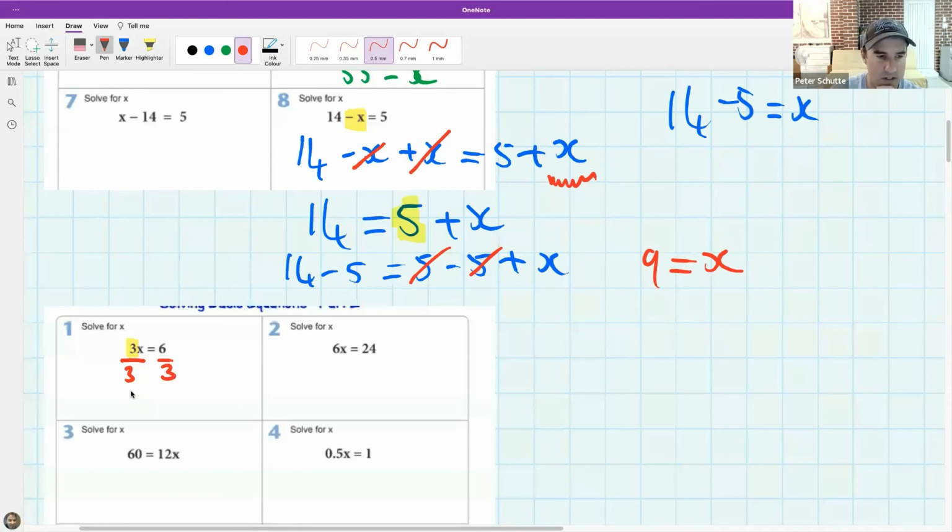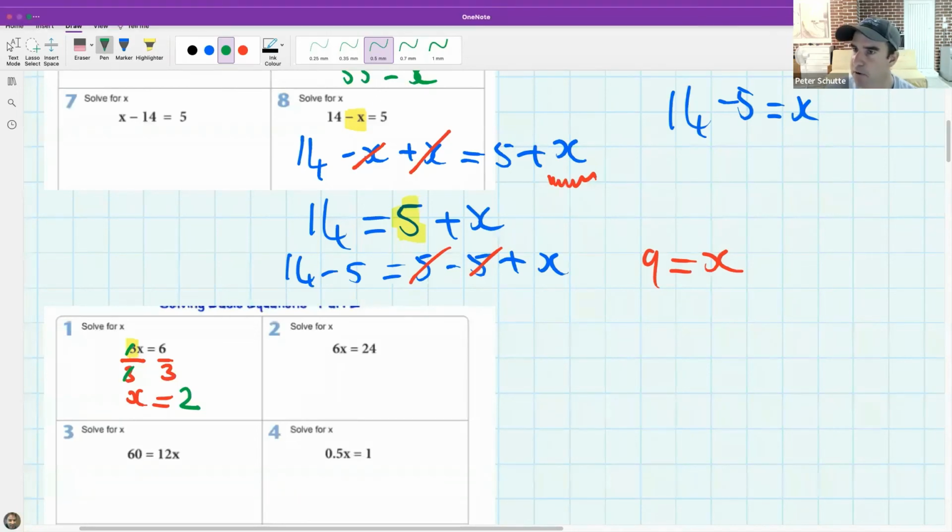Sir, I feel like we say 3 divided by 3 will be 1. Yeah. And what is x going to be then? So 3 over 3 is 1, so that cancels out. But what's 6 over 3? It's going to be 2. Yes, 2. Perfect.